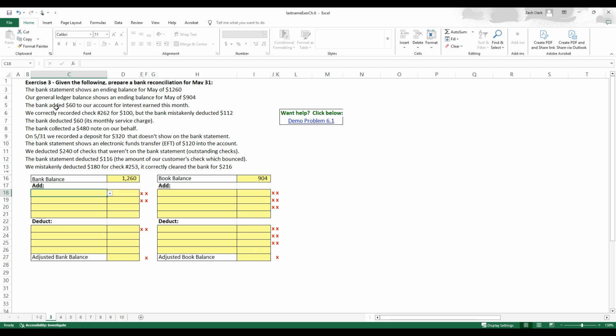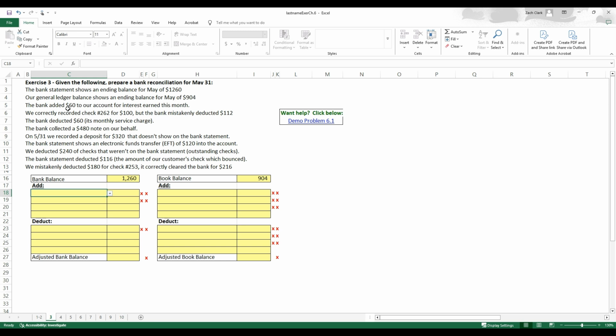So the bank added $60 to our account for interest earned during this month. And when we go through these problems, I think it is valuable to think about where the transaction was recorded. Should it have been recorded, and how do we need to account for that to fill the gap, if you will.